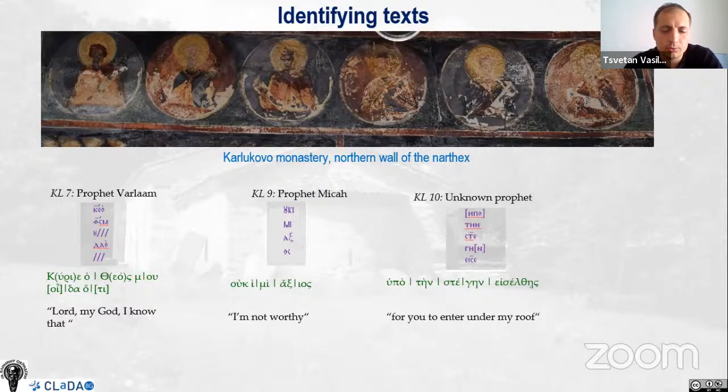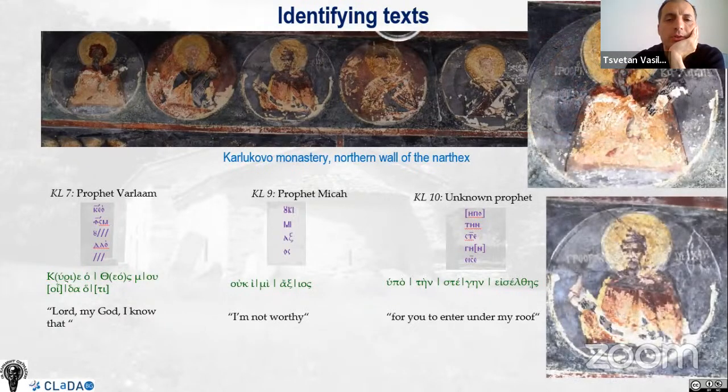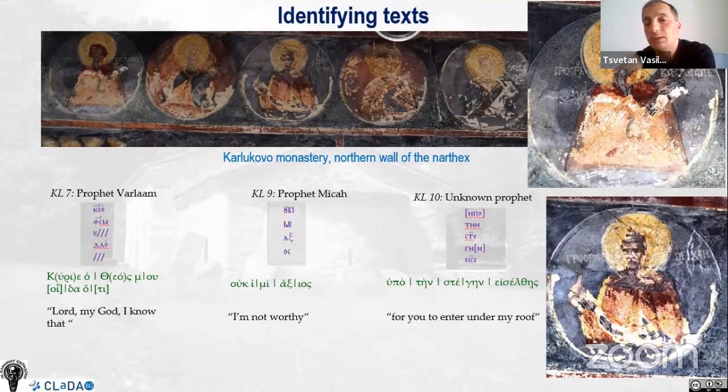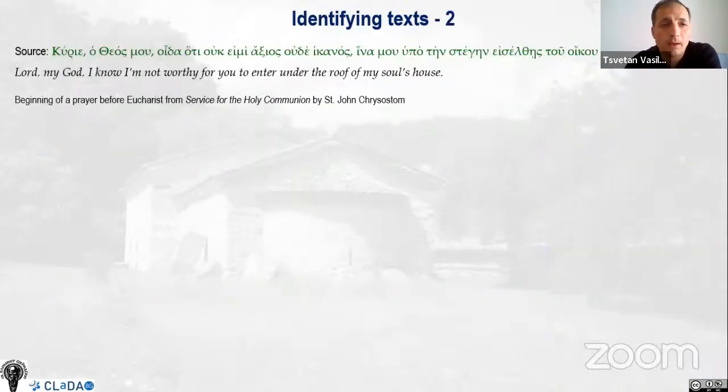This is not enough, and also you see that the inscription KL7 is half preserved. It is damaged. Like the other ones, they're also not in a good condition. And you can see here the condition of the texts. But when we analyze the inscriptions together, we come to the meaning. And the meaning is, Lord my God, I know I'm not worthy for you to enter under the roof of my soul's house.